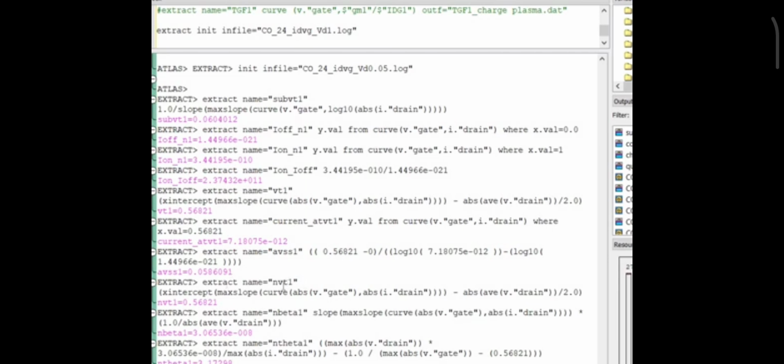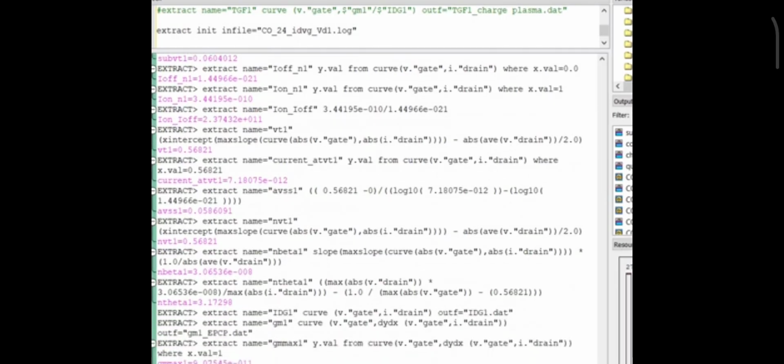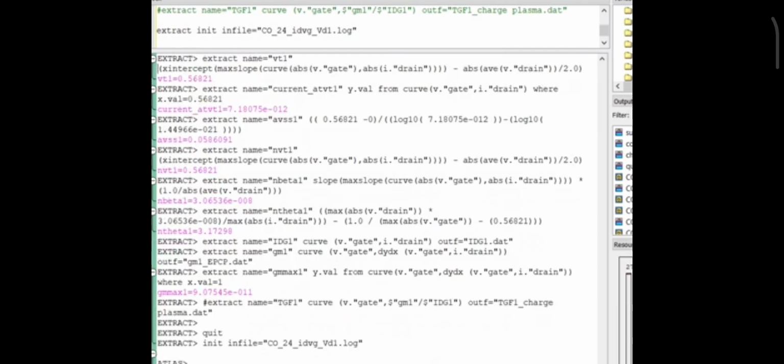Next is the same NVT1. This is the same as threshold voltage. This is the NBeta1 and gamma1, leave it, and theta1. This is the transconductance DAT file. When the VDS voltage is at 50 millivolt, this is the maximum value of the transconductance.